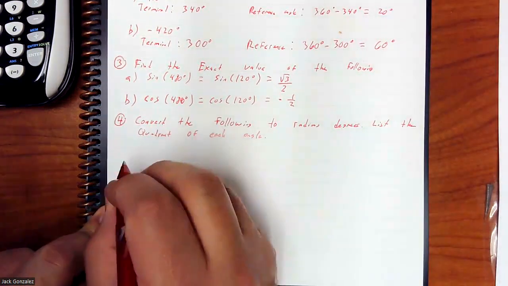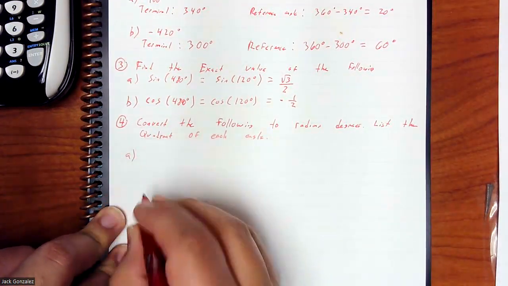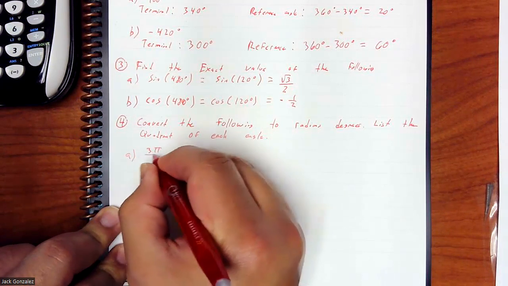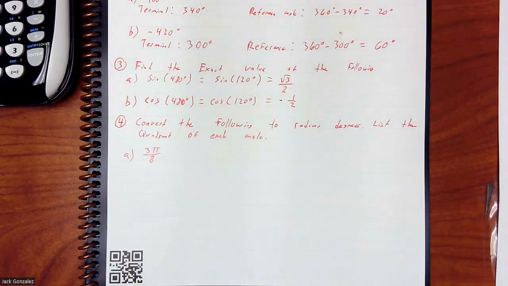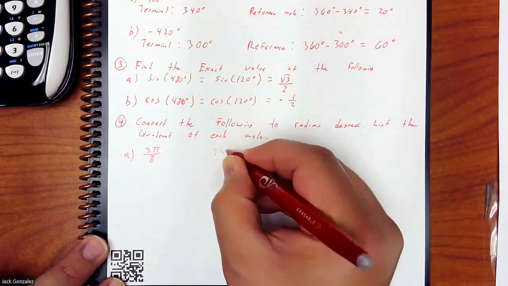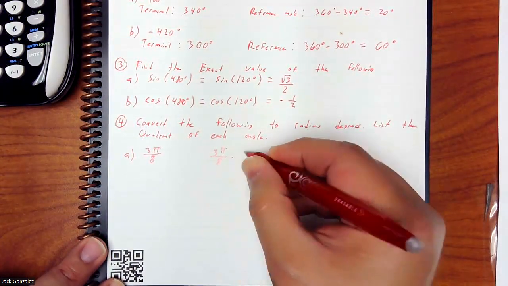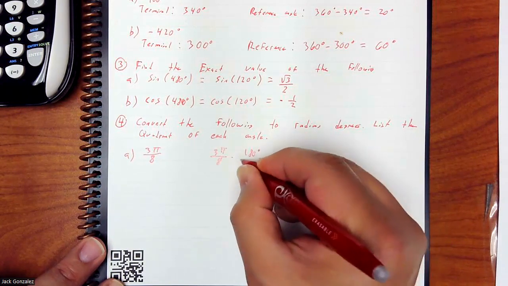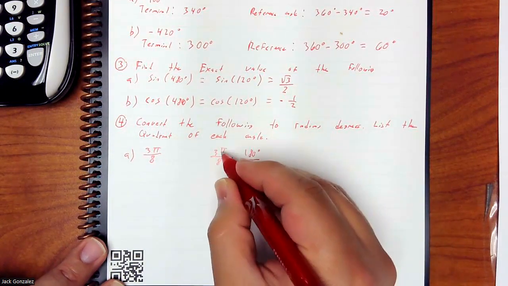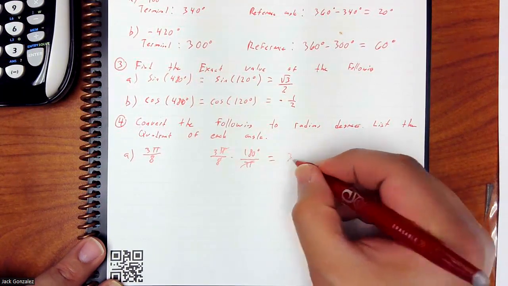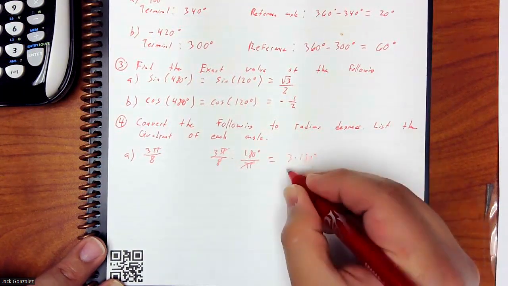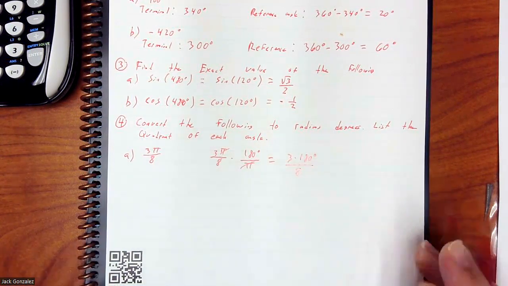Okay. So part A is 3π/8. So convert it. We got to multiply 3π/8 by 180 over pi. So these cancel. We get 3 times 180 over 8.